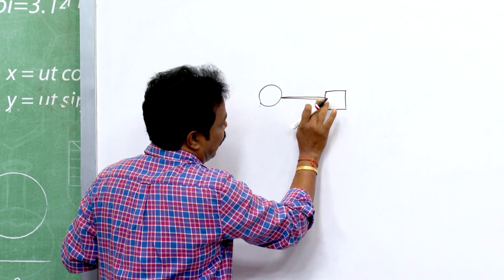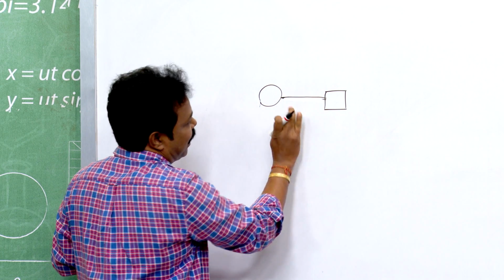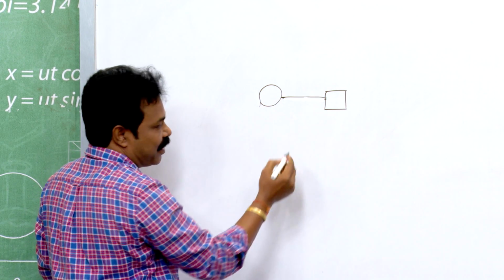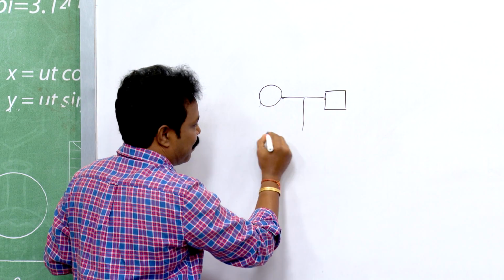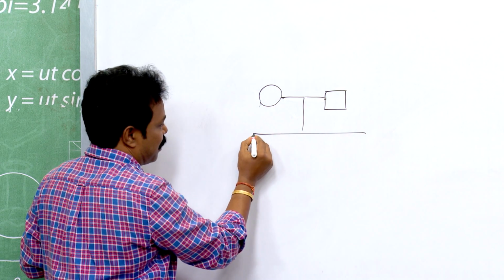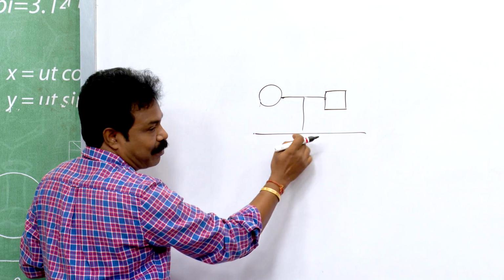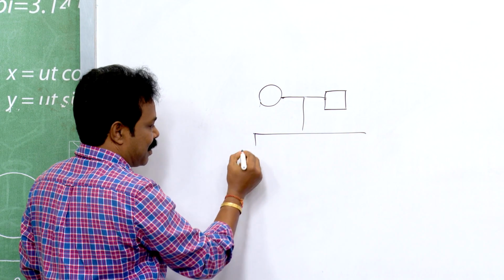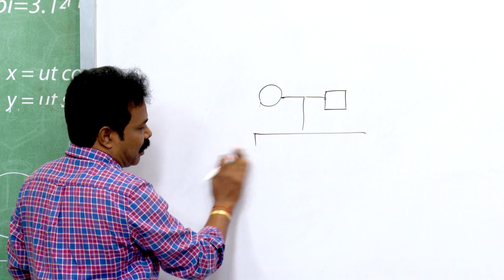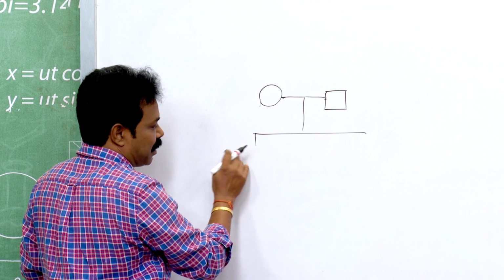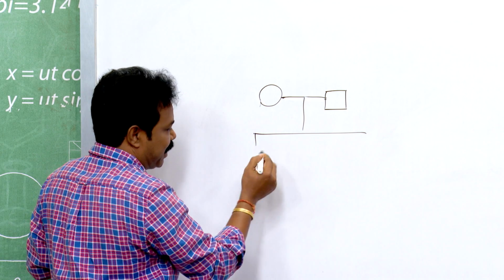Parents are connected by a marriage line. This is the marriage line. The offsprings are shown in the sibling line present below the marriage line. Offsprings are listed according to order of birth from left to right.